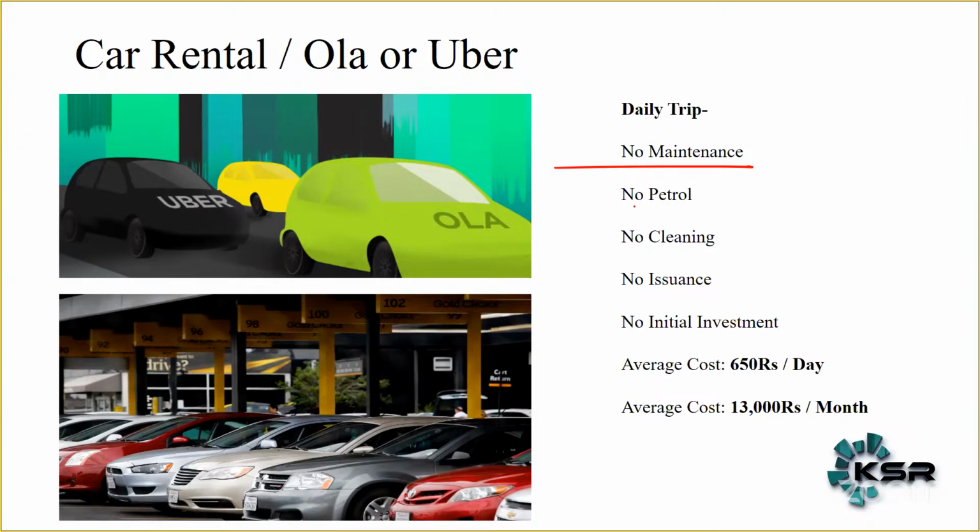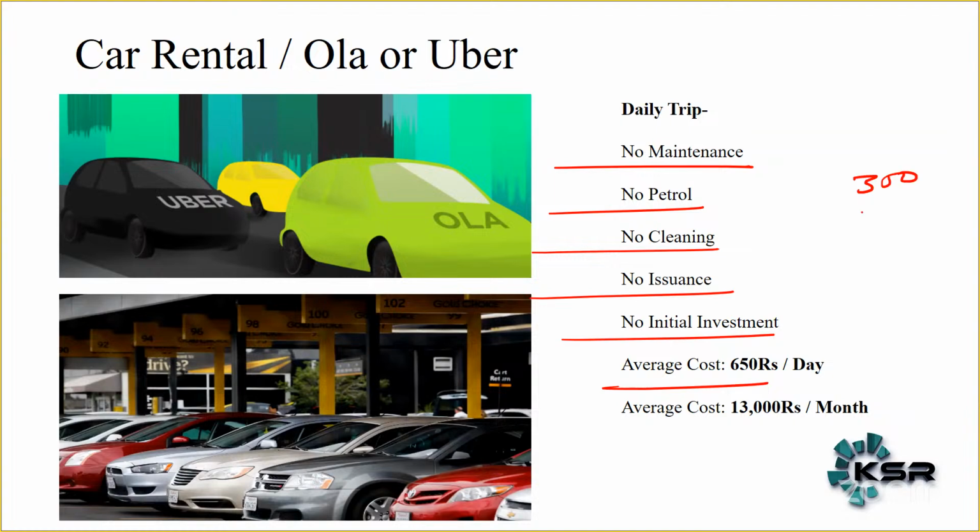No maintenance, no petrol, no cleaning, no insurance, no initial investment. Every day I'm spending 350 rupees for going and 300 rupees while coming, for around 15-20 kilometers, about 650 in total. Sometimes there is a surge price or peak hours, and maybe I'll pay some 100 rupees extra. So I'll finish it within 750 per day.